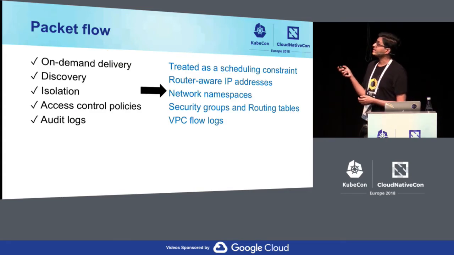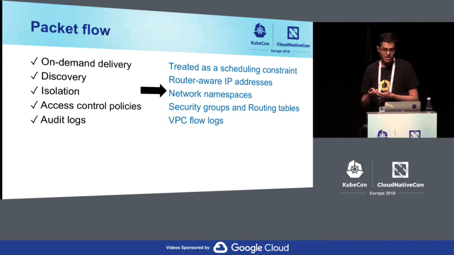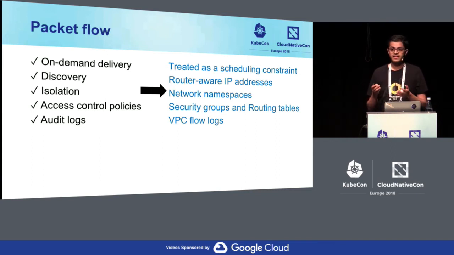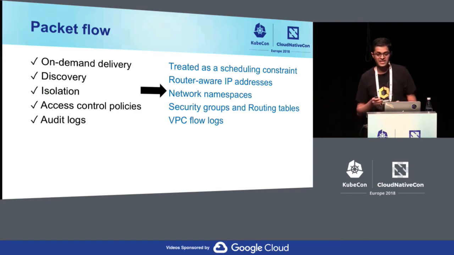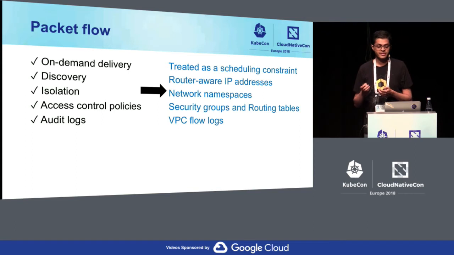So if we look back at the requirements, we achieved on-demand delivery because we are treating network as a resource constraint for our scheduler to do the placement on. Discovery is pretty simple because we're using native IP addresses. You have isolation from network namespaces. You can enforce access control policies using security groups.